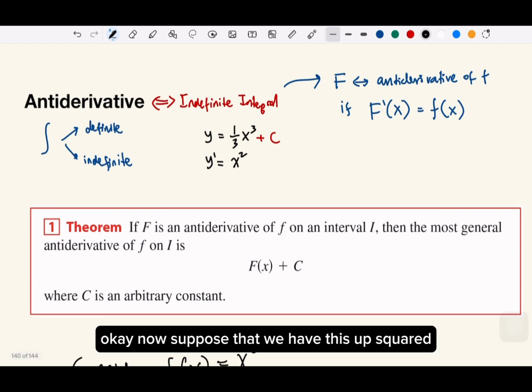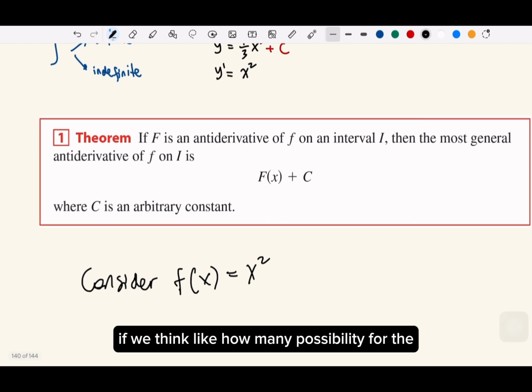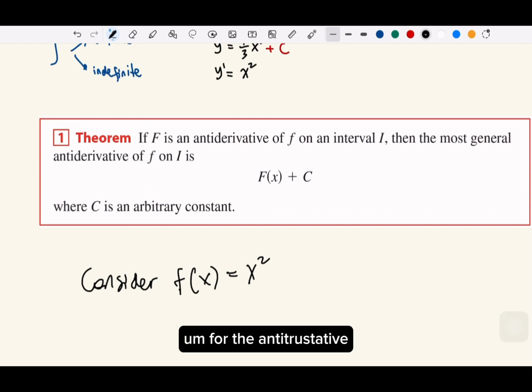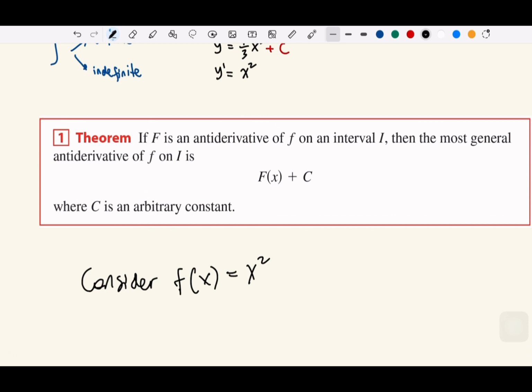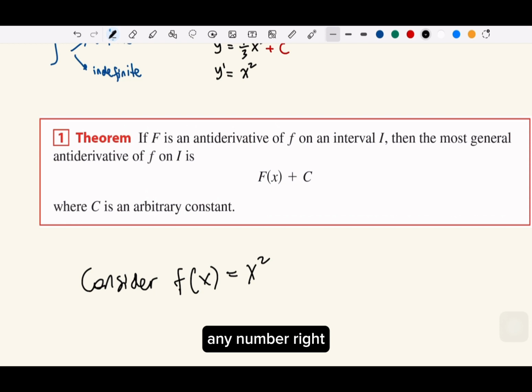Okay, now suppose that we have this x squared, as I mentioned before. If we think about how many possibilities there are for the antiderivative, basically we are going to have 1/3 x cubed plus a constant, and the constant can be any number, right?